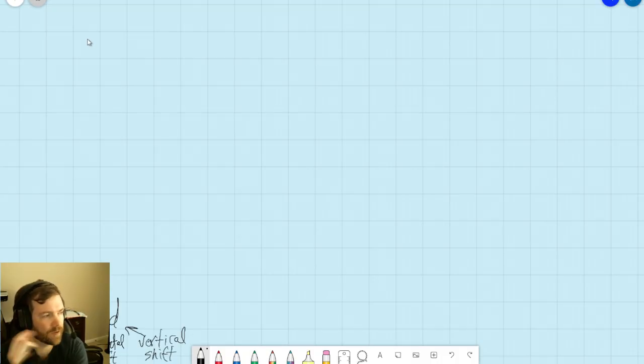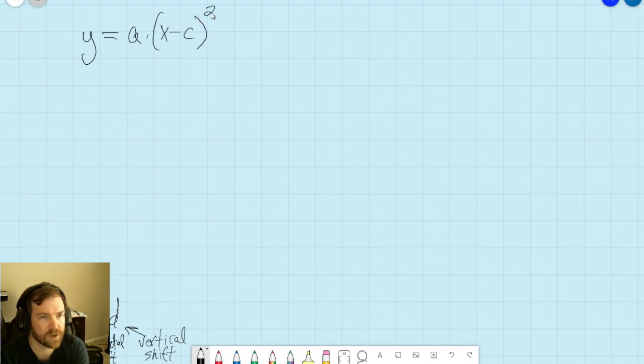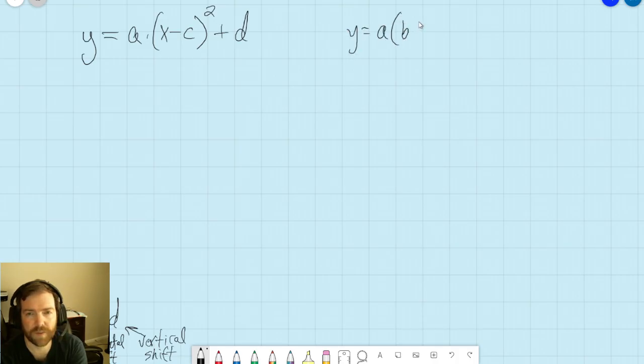And I went through the stuff we did over there, where you say, okay, this is y equals a times (x minus c) squared plus d. And we had worked out that actually b doesn't matter, right? Because if you did b times (x minus c) squared plus d, then you can bring in the square and make this a times b squared times (x minus c) squared plus d.